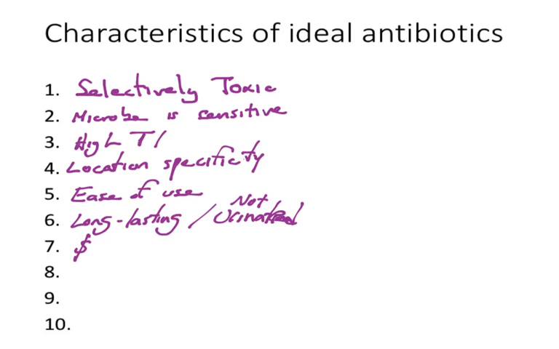Okay. We probably also want things that are not going to, and I'm going back to something that Aliona said, not only the microbe being sensitive, but that this doesn't cause resistance. So something that's not going to lead to antibiotic resistance. Actually, we've kind of failed on this for the most part.